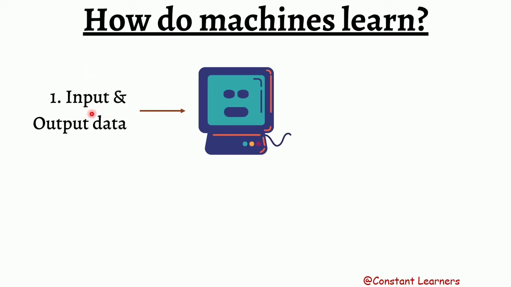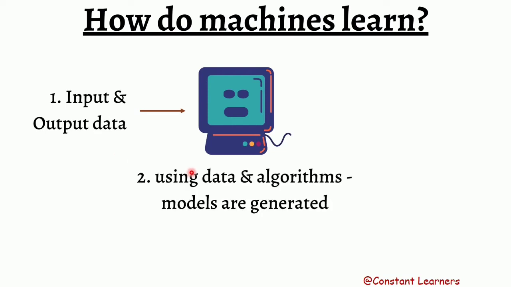And this data has to be both input and output data. Then they use this data along with some algorithms to generate the models. Okay, and they train the computer to use this model to create its own logic. Okay, and then this logic will be useful for the computer to create the outputs in the future.